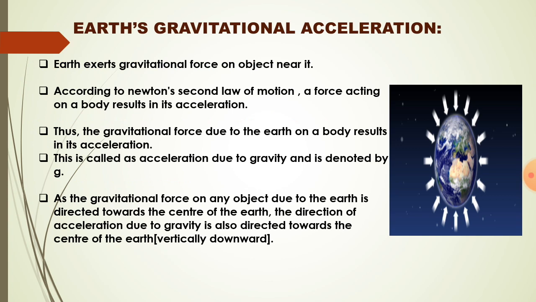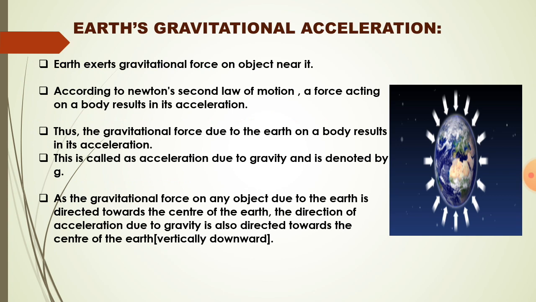As we can see in the image, as the gravitational force on any object due to the earth is directed towards the center of the earth, the direction of acceleration due to gravity is also directed towards the center of the earth. That means vertically downward. When we throw a ball upward, what happens?